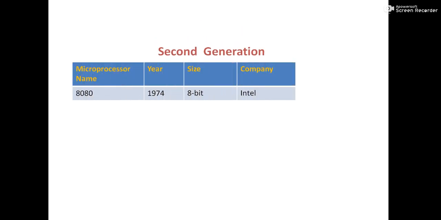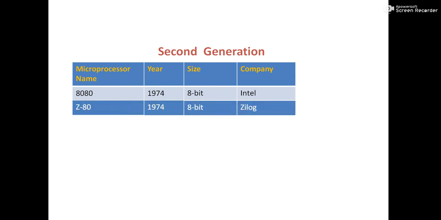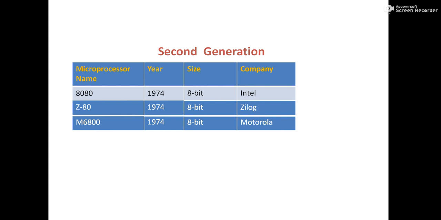In the year 1973, Intel introduced 8080 microprocessor of size 8-bit. In the same year, Zilog and Motorola introduced Z80 and M6800 microprocessors respectively. All these were 8-bit microprocessors.